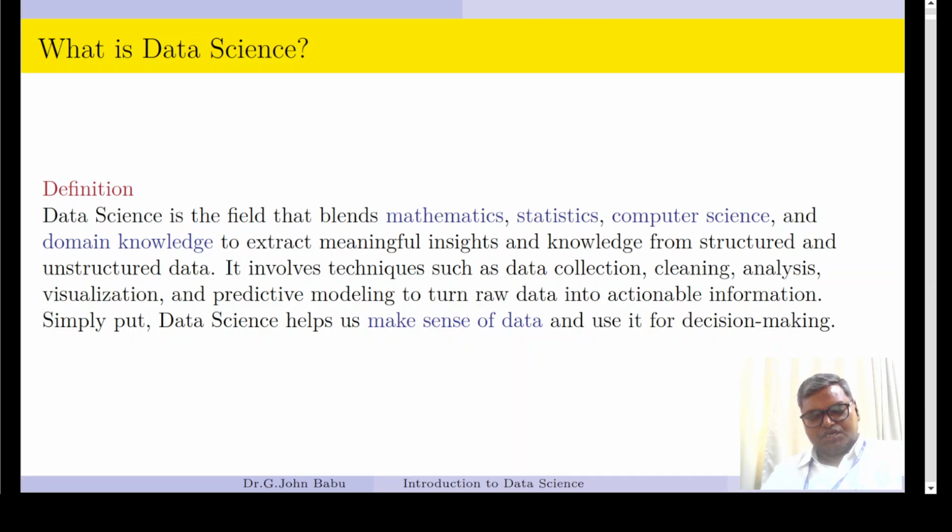So in other words, data science helps us to get the meaning of the data for decision making.